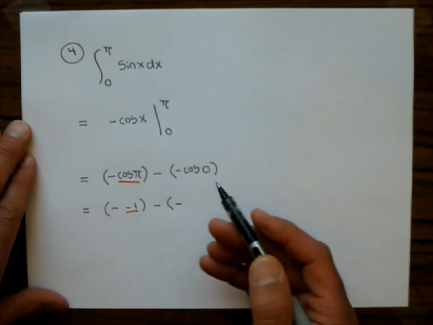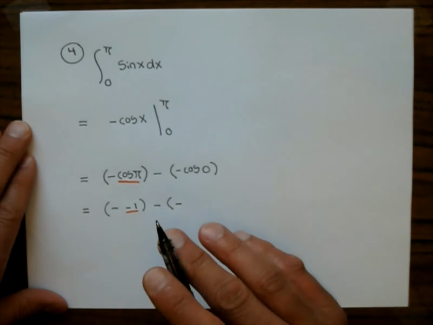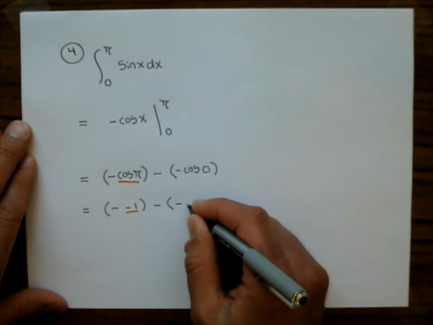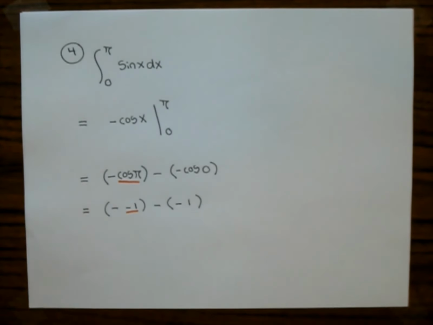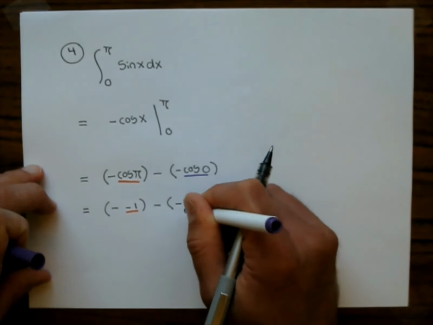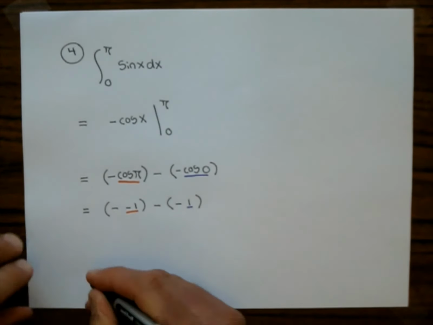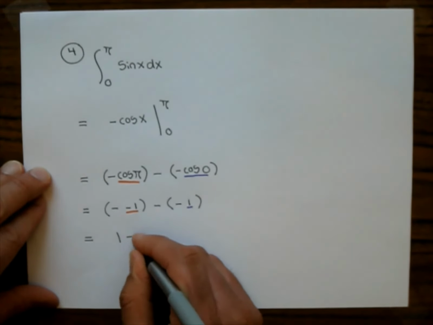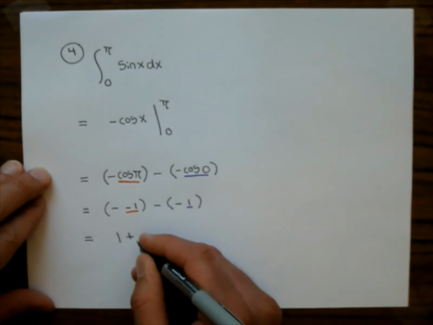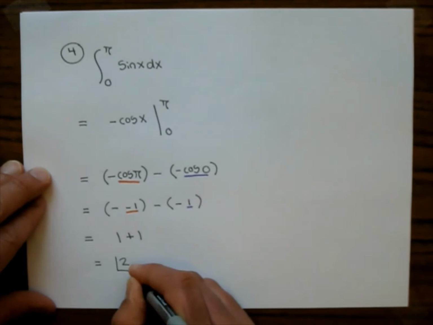Of course you could plug these into your calculator, but what's the fun of that? The cosine graph starts off at 1, so cosine of 0 is 1. So this guy right here is 1. I know it's easy to get lost with all these negatives. So really I have this intense calculation of 1 plus 1. So the answer to this definite integral is 2.